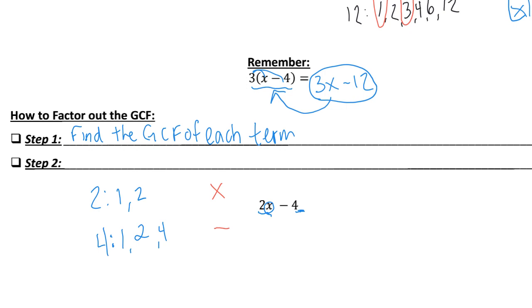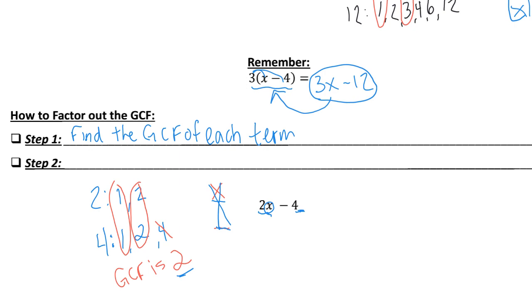Okay, so what do they have in common? They have 1 in common, and they have 2 in common, and that's it. So my GCF is 2. And there is no variable because one has an x and one doesn't. So there's nothing they have in common. So my GCF is just 2.